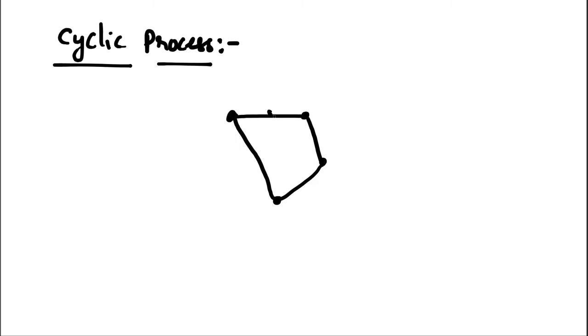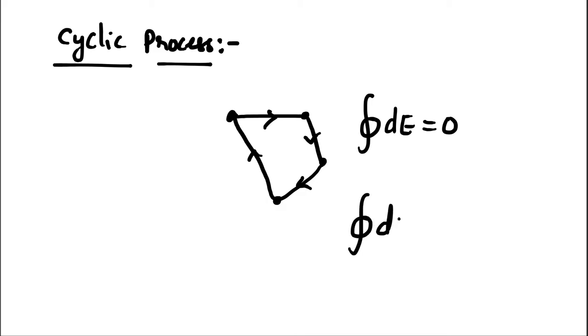So after a series of processes, I reached my original state. This path where a series of processes leads to the initial state is known as a cyclic path. In the cyclic path, the integration of a state function over the cyclic path is 0, whereas for path functions like work it is not equal to 0. So we are going to learn these two.